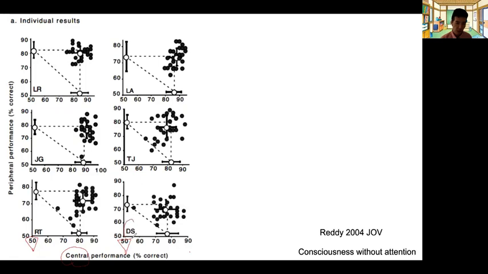And then, for example, this person DS performed a single task at 75% or something like that, 78%. And then peripheral task performance, in this case, face gender discrimination, is roughly 70%. So everybody has a baseline 70%, the single task performance for both central letter task and the peripheral face task, okay?